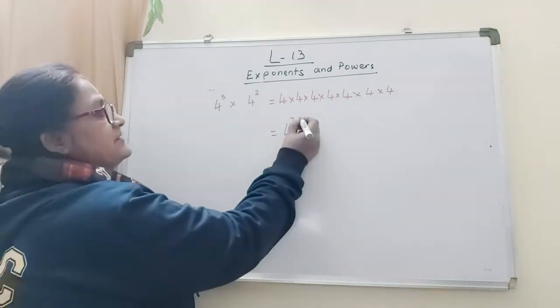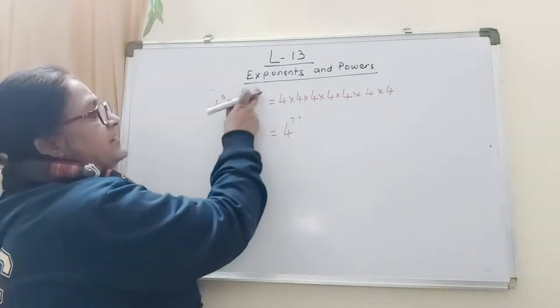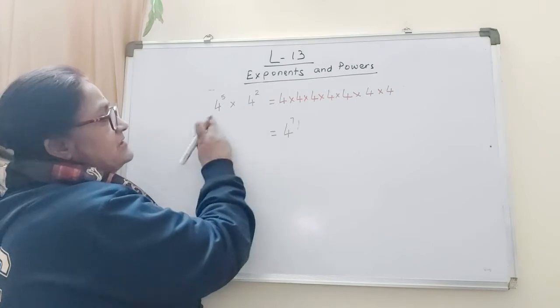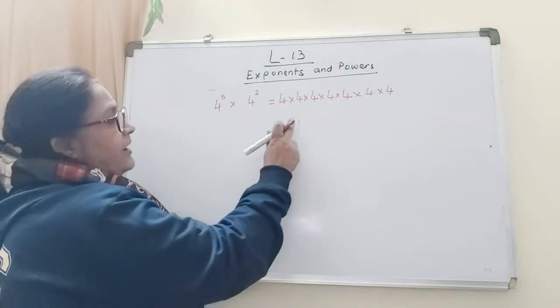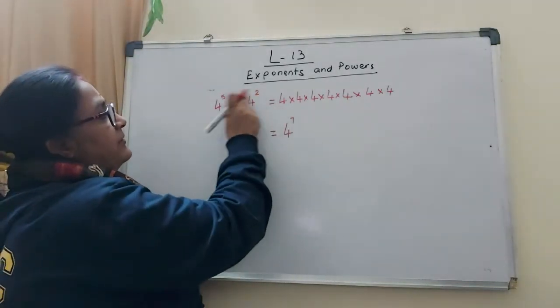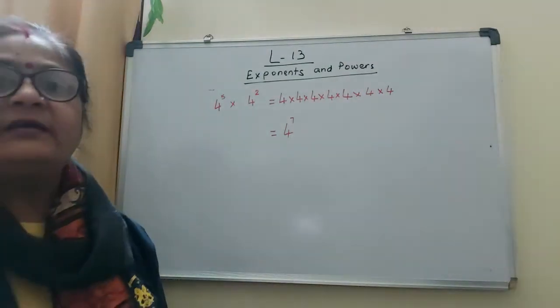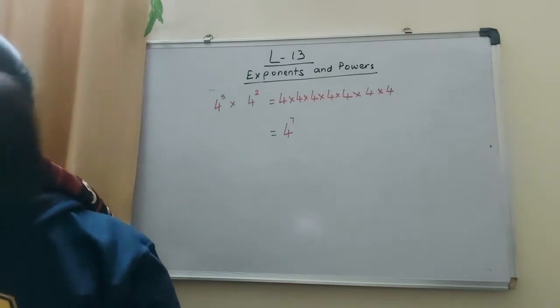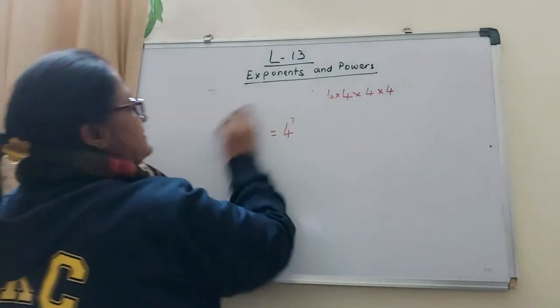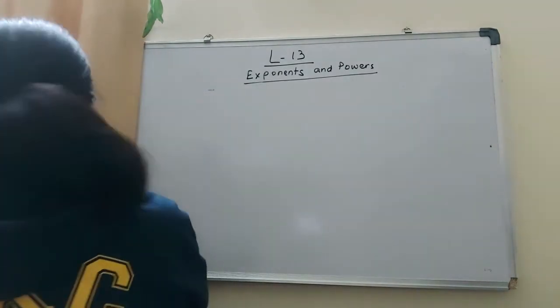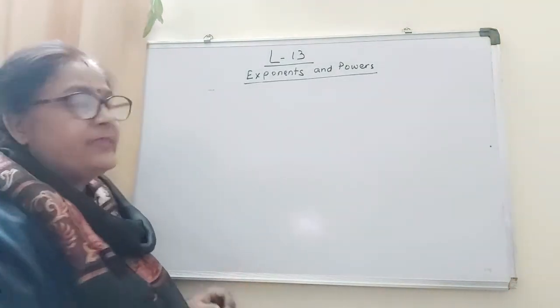Now how did I get this 7? 5 plus 2, 7. Where did this 4 come from? The base of the question. How did I get the power? I got the power by adding. So this is called Law 1. This is Law 1 of exponents.